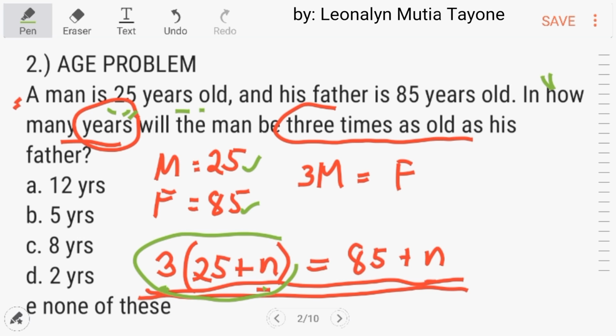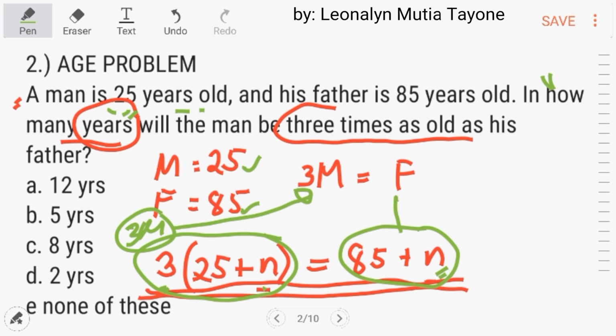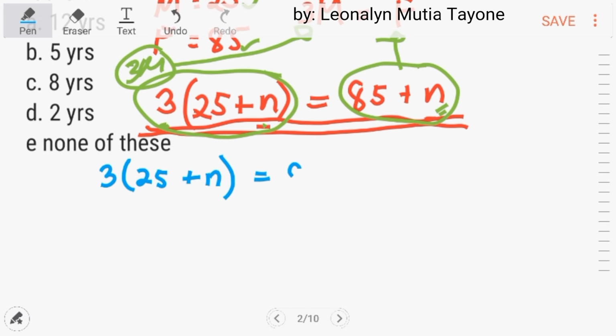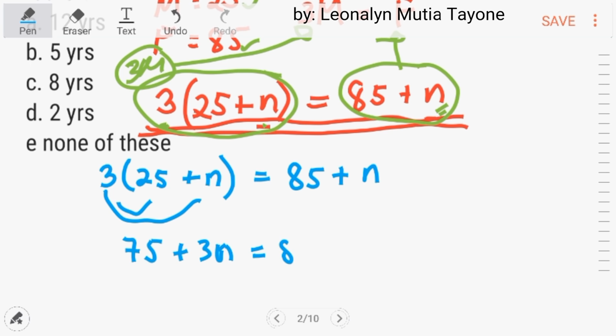Ito yung equivalent ni 3m. Tapos, yung father naman is 85 plus n years. So, ito naman ang equivalent ni father. This is 75 plus 3n. Then, just bring down 85 plus n.